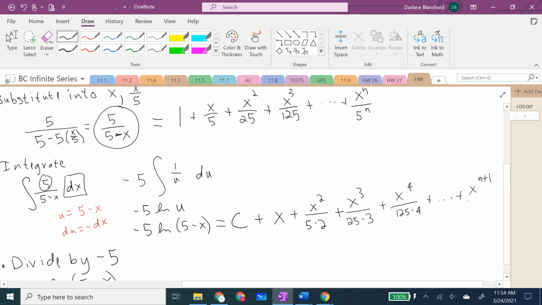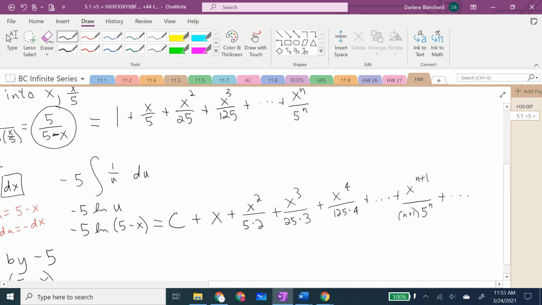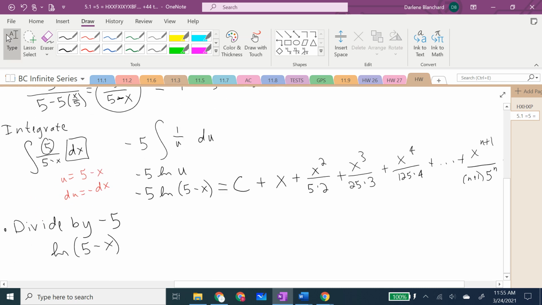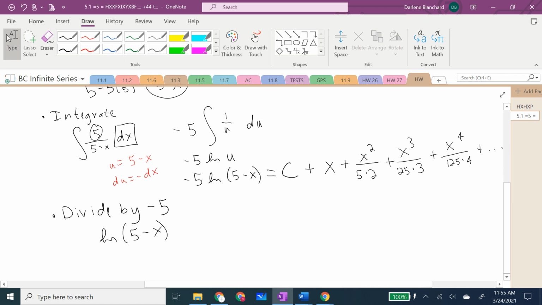Add 1 to the exponent, divide by that exponent, and then 5 to the n in the denominator is a constant multiple. And then divide by negative 5.